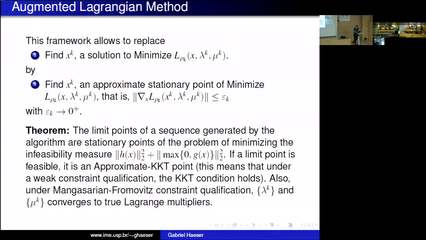And also you can prove something about the Lagrange multiplier sequence that you generated. If you have Mangasarian-Fromovitz constraint qualification, this sequence of multipliers will be bounded. It's not what it's written here. This sequence would be bounded, and every limit point of this sequence will be true Lagrange multipliers. Okay, you get true convergence only if you have a linear independence condition.